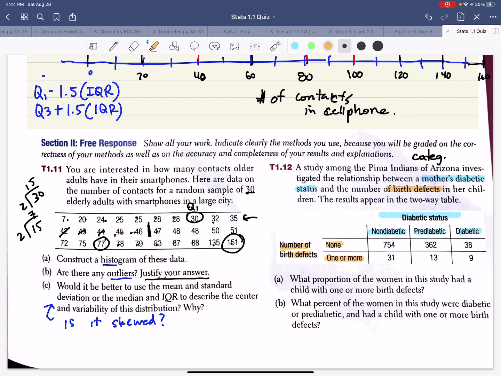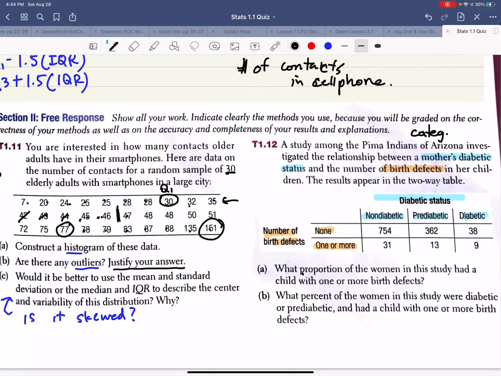What proportion of women in this study had a child with one or more birth defect? Okay, so if I have to come up with a proportion, I need some totals here, right? So let's go ahead and fill in our totals. It looks like in total that'd be 40, 53, right?